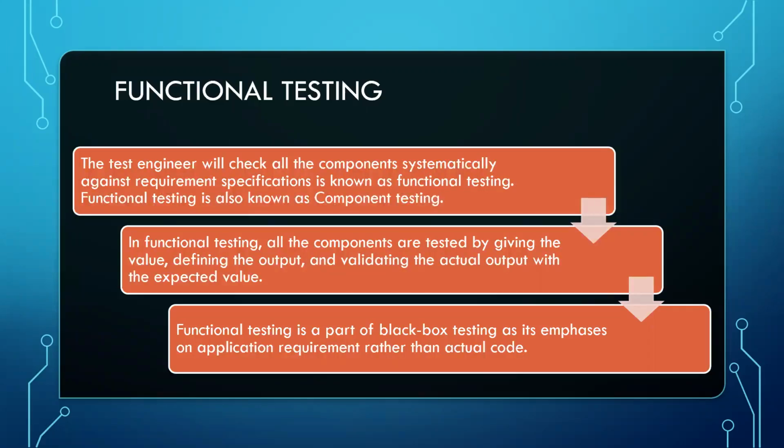And each and every component should be tested, and we have to identify the defects if we have any. Functional testing is part of black box testing, as it emphasizes application requirements rather than actual code. So we never bother about the actual code behind it, but we look into the UI part and the functionality. It should work as per the features defined in the requirements.